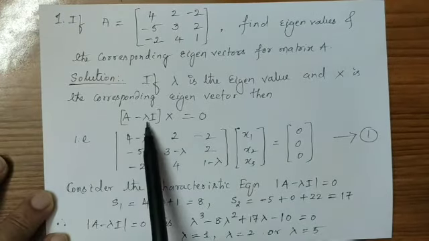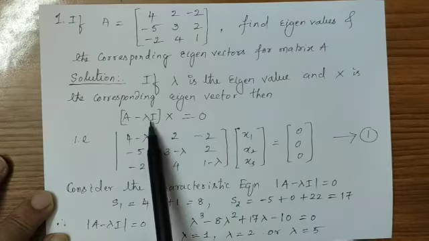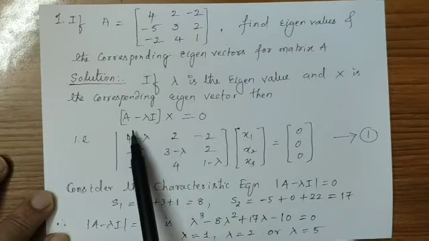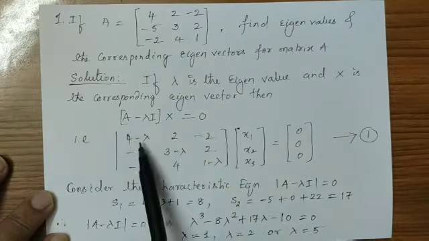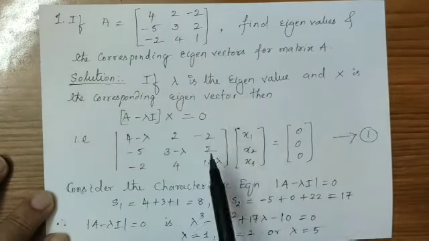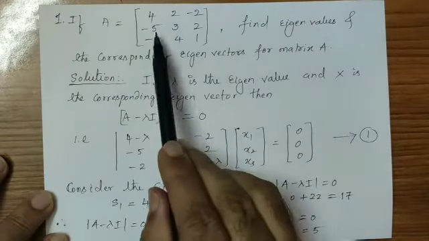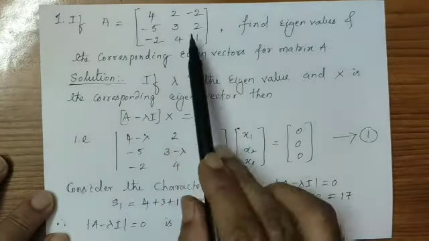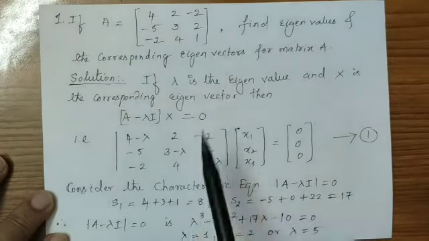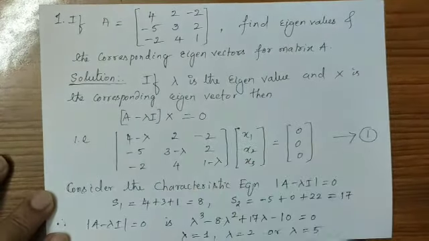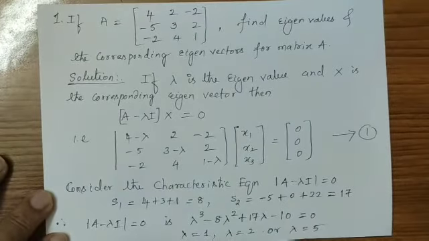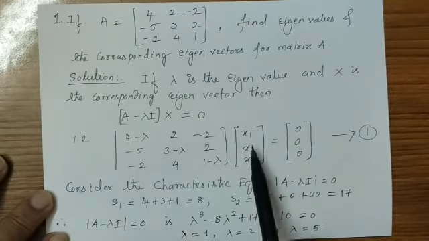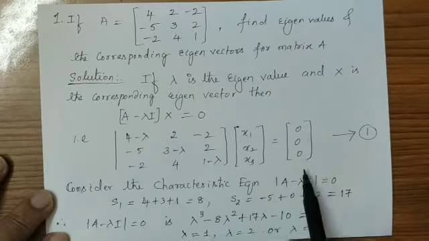Since it is lambda I, you have to subtract lambda from the diagonal entries. That means 4 minus lambda, 2, minus 2; minus 5, 3 minus lambda, 2; minus 2, 4, 1 minus lambda, times x, with components x1, x2, x3, equal to the zero vector, with components 0, 0, 0.